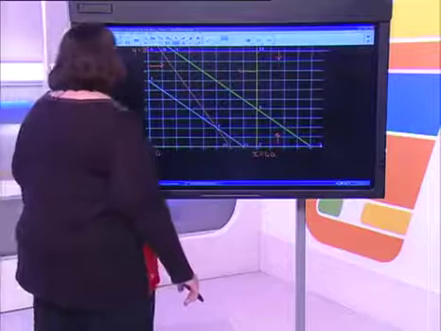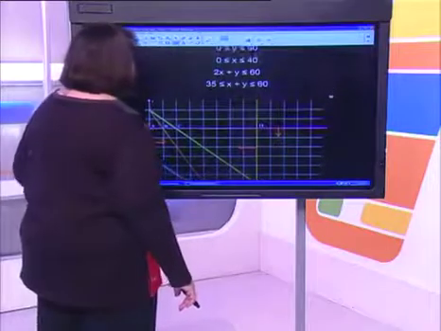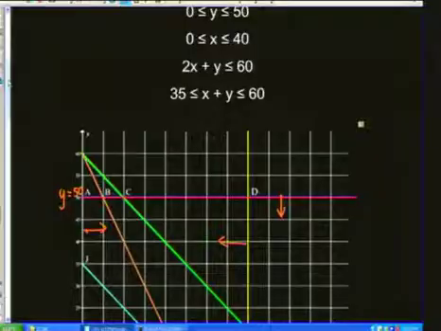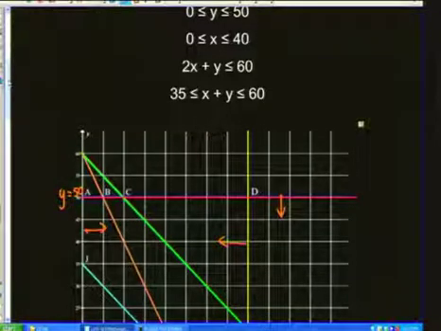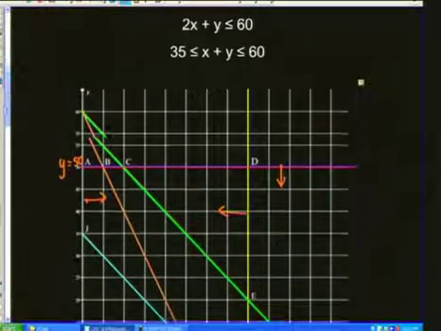All right, the next one says to me, 2x plus y is less than or equal to 60. Now, my quick way of doing it is I cover over the 2x and I say y is 60. So I'm working with the orange or the green line. But if I let y equal 0, then x is going to be 30.